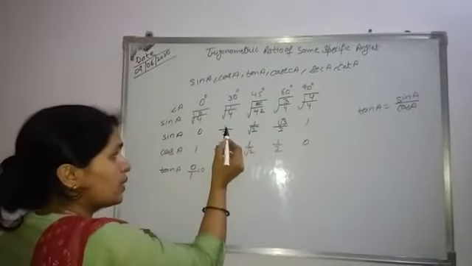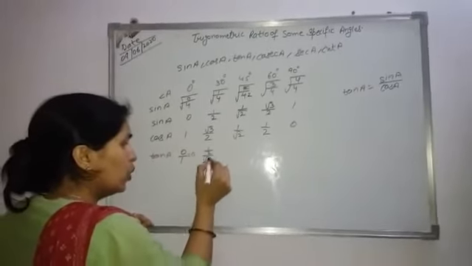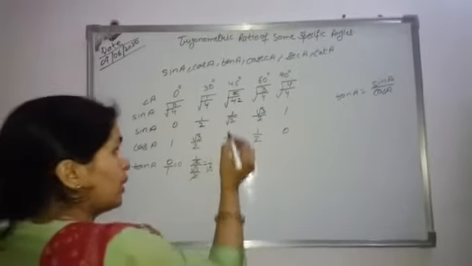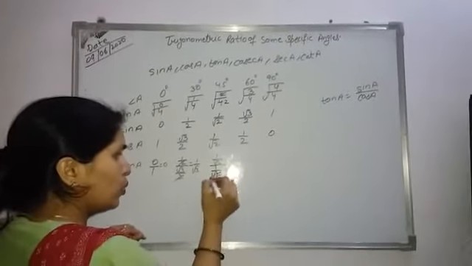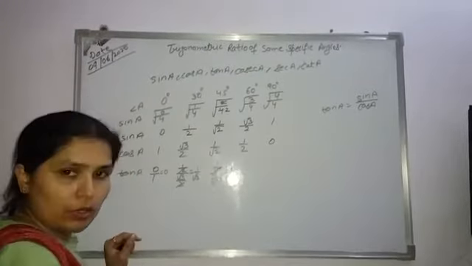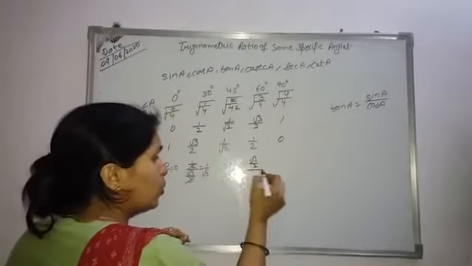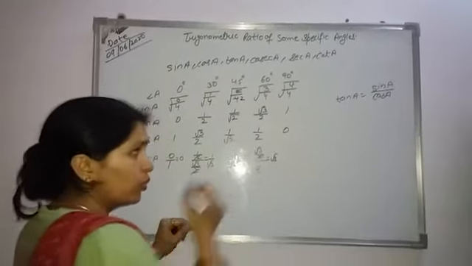Next is 1 by 2 divided by root 3 by 2. The 2s cancel out and this value is 1 by root 3. Next one is 1 by root 2 divided by 1 by root 2. The terms cancel out and the value is equal to 1. Next one is root 3 by 2 and 1 by 2. The 2s cancel out. This value is equal to root 3.